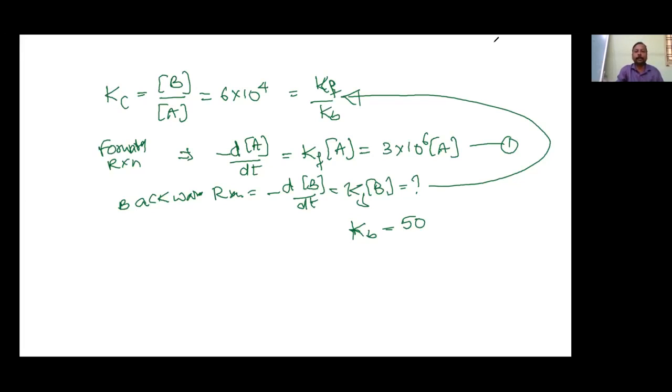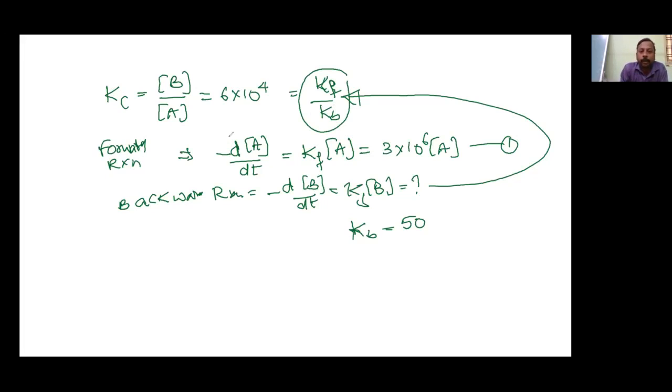Okay, here Kc is the equilibrium constant, equal to product upon reactant. Concentration of B by A is equal to 6 into 10 to the power of 4. That is given. But in the derivation itself, I have told you for chemical equilibrium, Kf upon Kb is the rate constant of the forward reaction divided by the rate constant of the backward reaction.